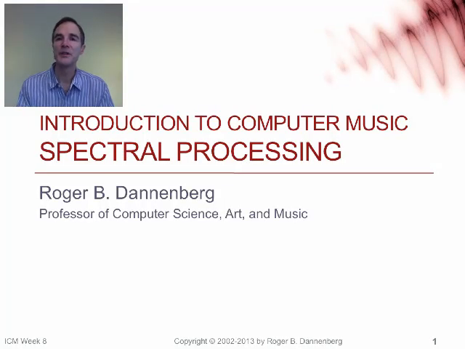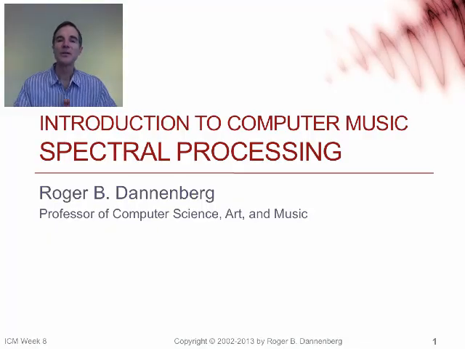We've talked about the spectral domain in the context of sampling theory, and we just talked about filters. We've also talked about the Fourier transform, and in particular the fast Fourier transform used to compute the spectral centroid, which we talked about.